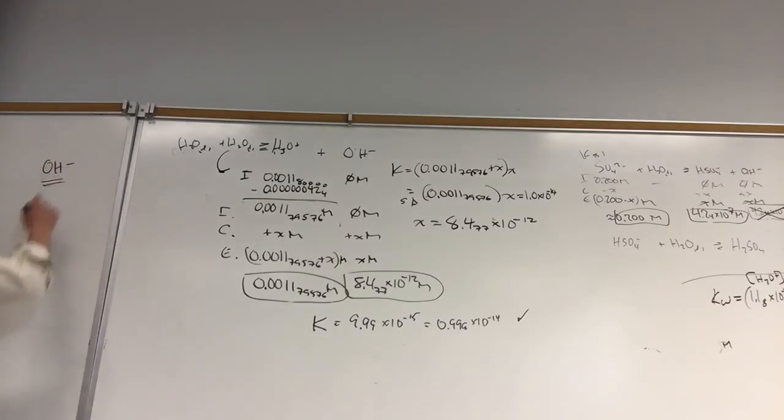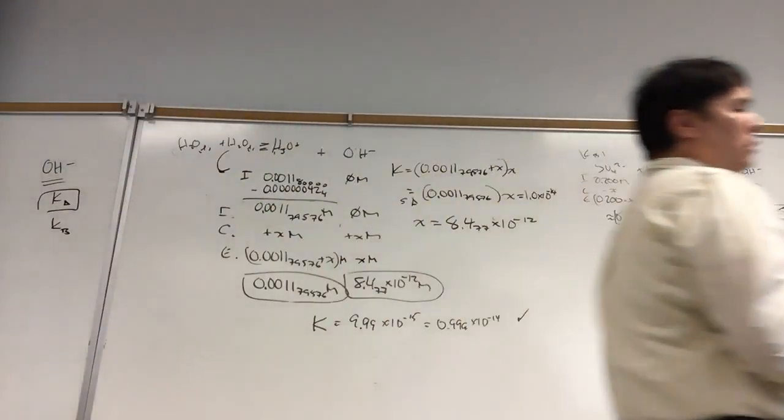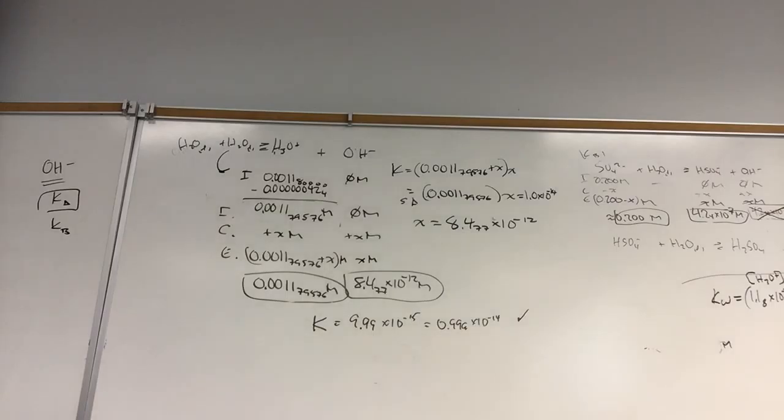Hydroxide's amphoteric, so it has a Ka and a Kb, but the Ka for hydroxide is so small that people just ignore it, even though it could act as an acid. But here, we have to come up with a hydroxide that works for essentially all three.